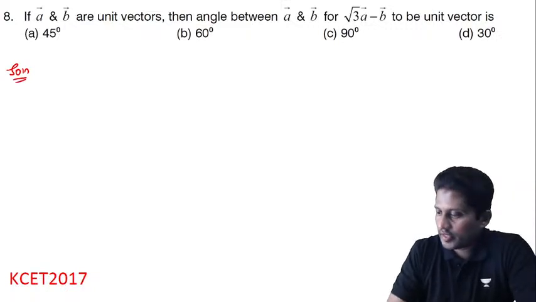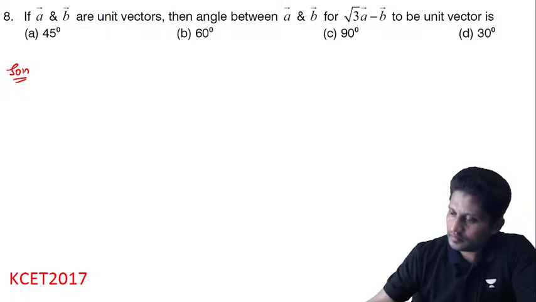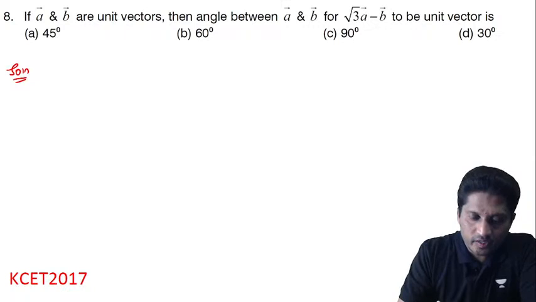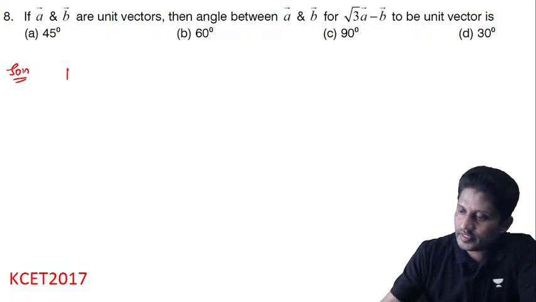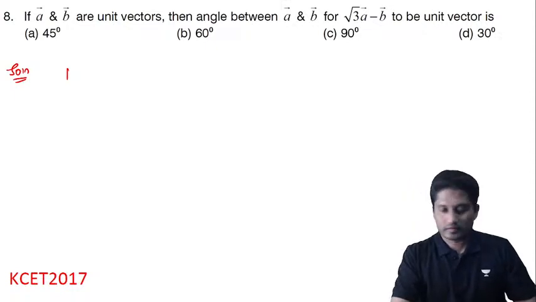A and B are two unit vectors. So therefore modulus of A is 1, modulus of B is 1.